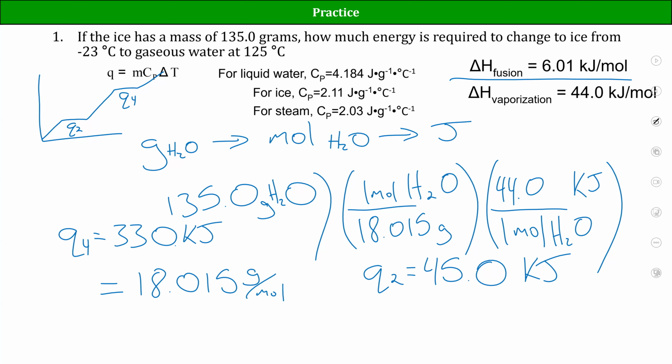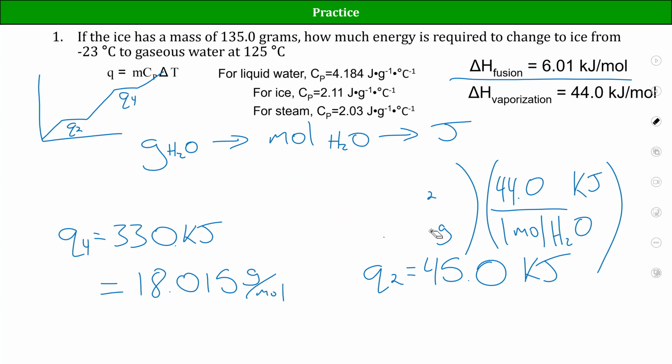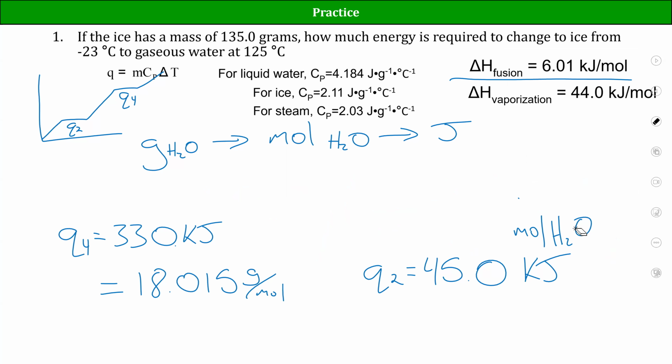All right, so I know I erased a lot of the temperature change part. But once again, this is going to make the point that our phase changes take a lot of energy. Because if you remember, it was 6 kilojoules for this first step to go from -23 to 0.